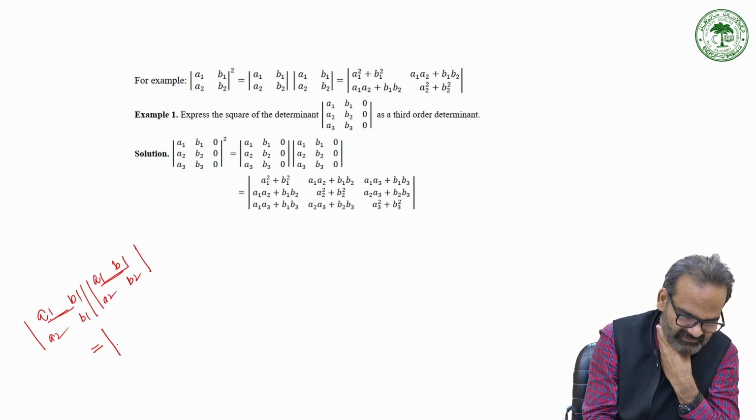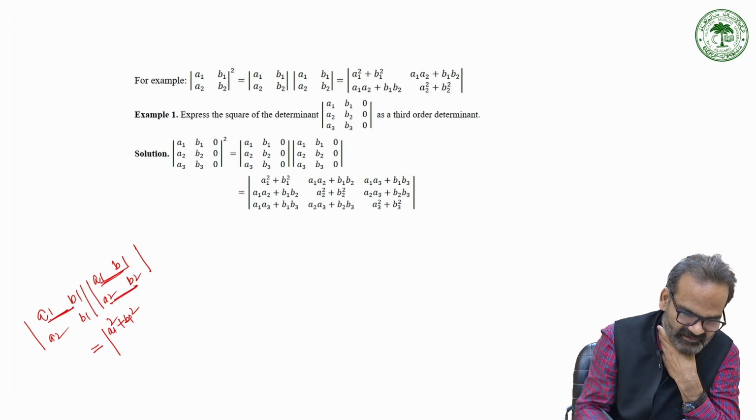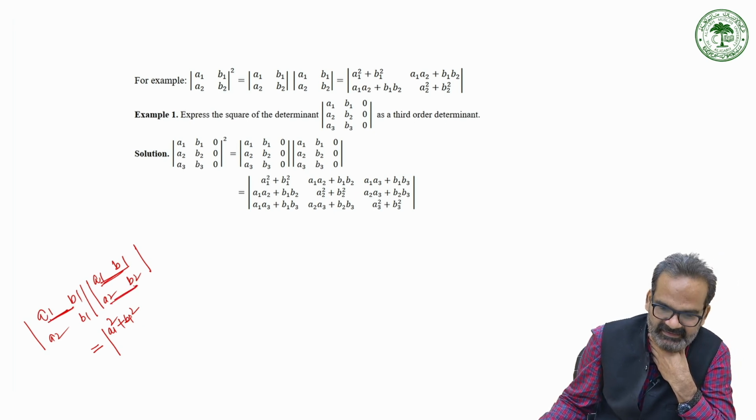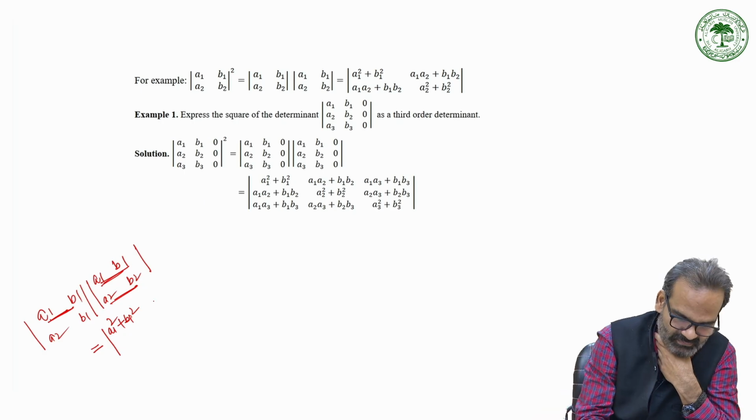So a1 into a1 you will get a1 square, b1 into b1 you will get b1 square, right? That is the first row with the first row of the second. Now the first row with the second row of the second determinant. So what will we get? a1 a2 plus b1 b2, right?